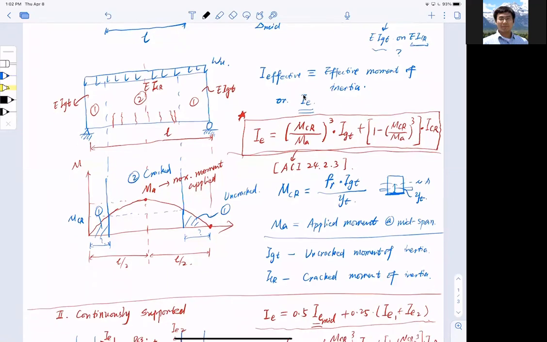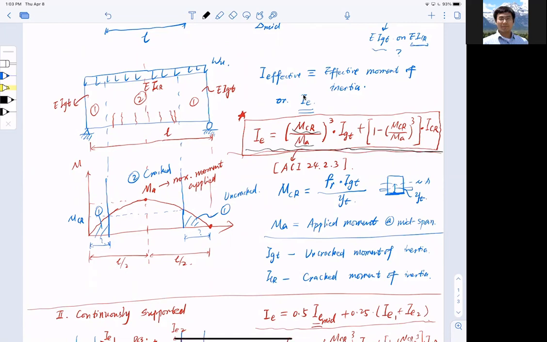We found that the moment distribution follows a parabola with respect to a distributed loading, and the effective moment of inertia can be calculated using the equation shown here in red, which is from the ACI code. From the equation, you see the parameters are MCR and MA.